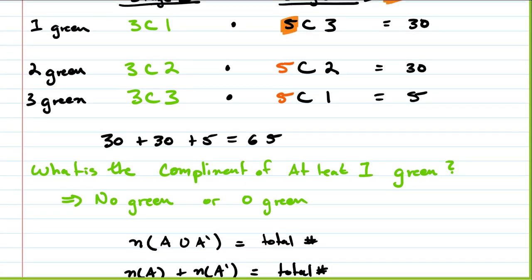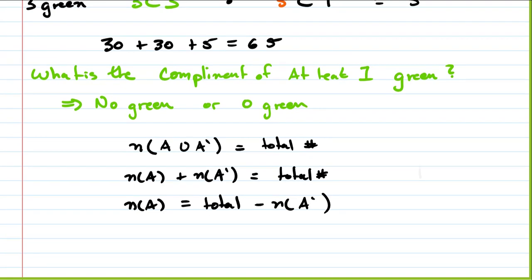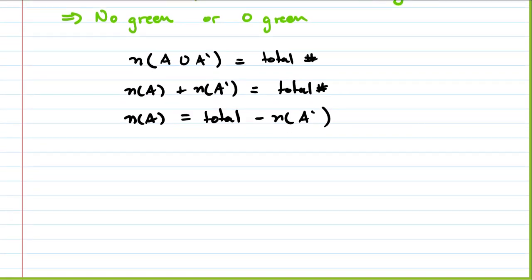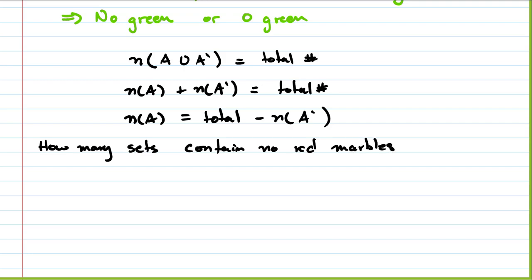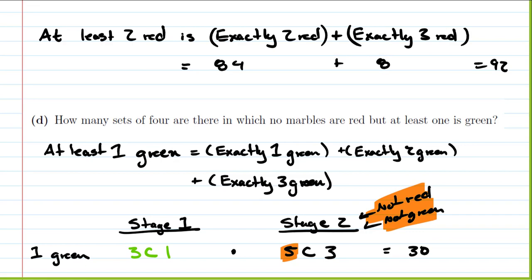All right, so how can we use this to help us? So how many sets contain no red marbles? That's what we were really trying to find, right? So no red marbles, but at least one green. So let's start with the no red.